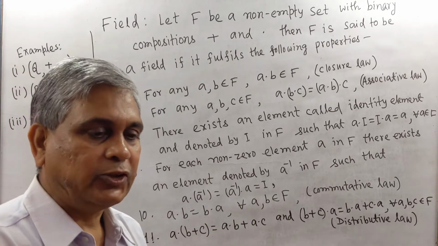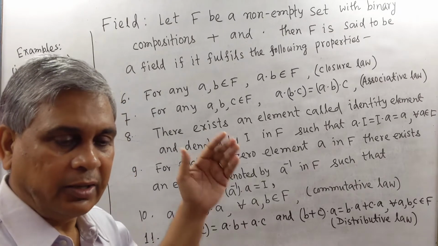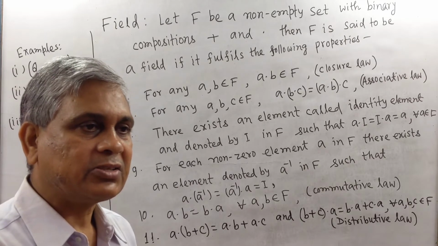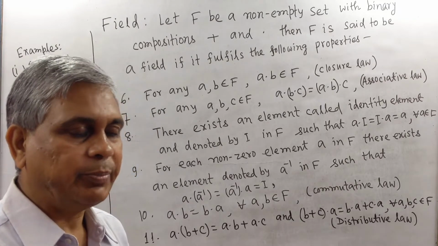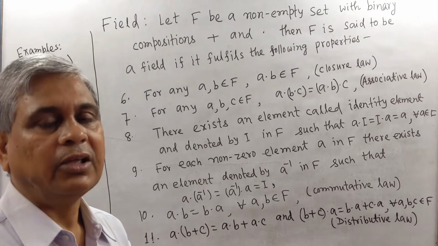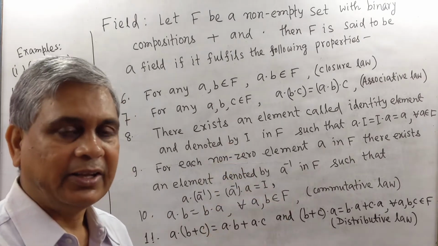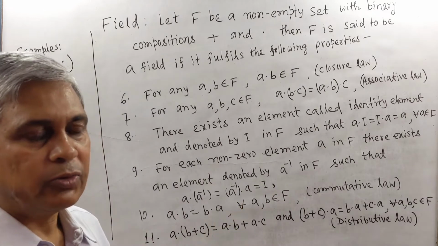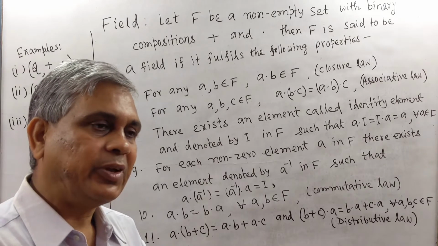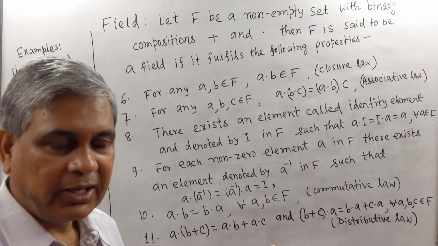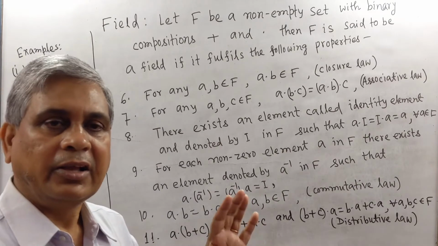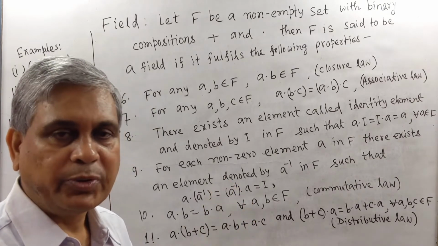If these properties are fulfilled in F, then F with addition and multiplication as binary compositions is called a field. In short, we may say that F is a non-empty set and F with addition is an abelian group.